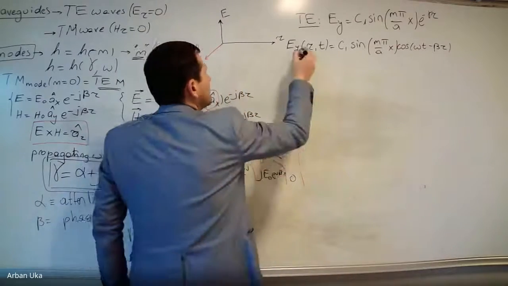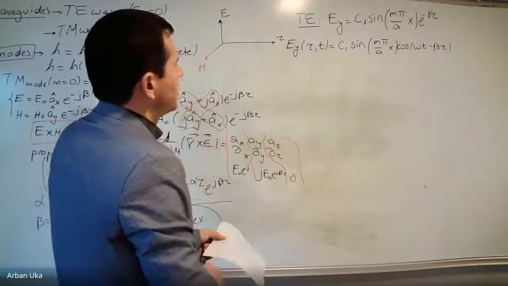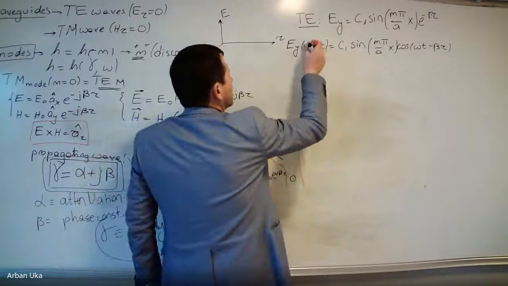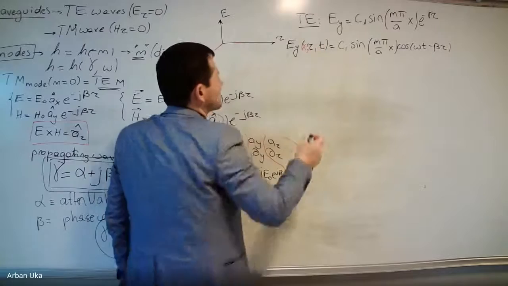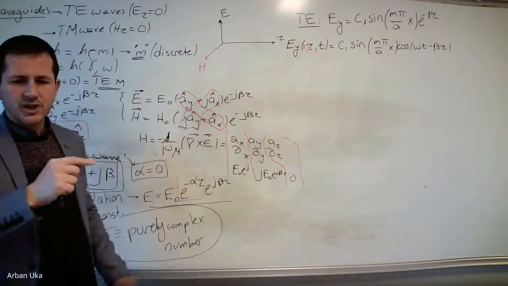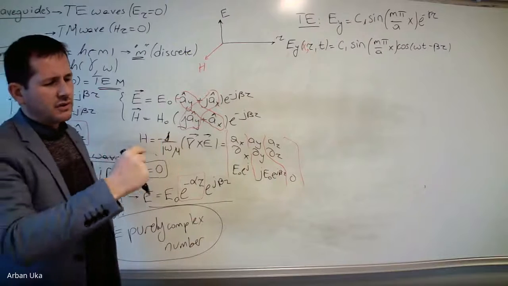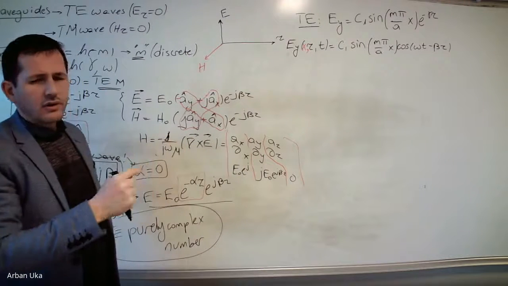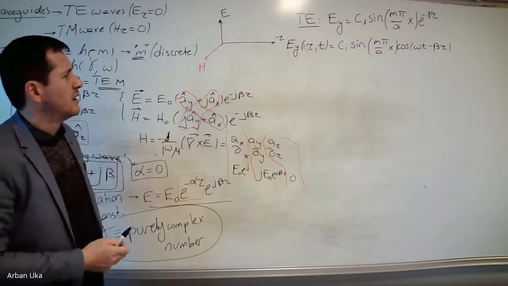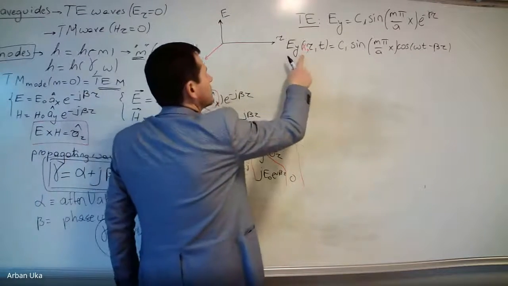In fact, here we should include also the x, because since this is a waveguide, so far we are used to cases where the electric field or the magnetic field intensity was changing only as a function of the propagation direction. So the wave is going along the z. This used to be only a function of z.